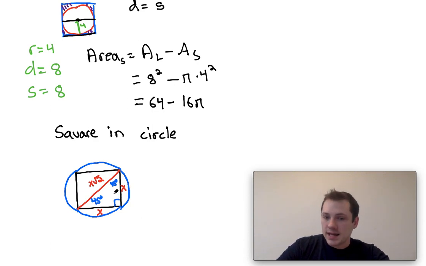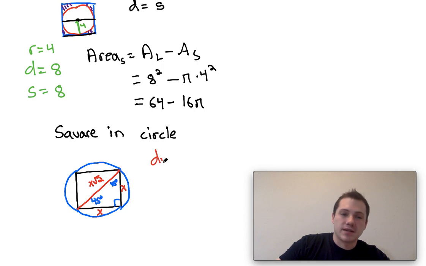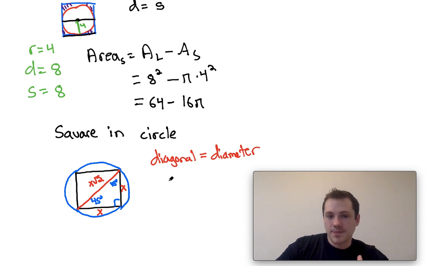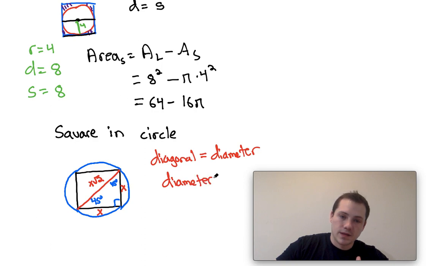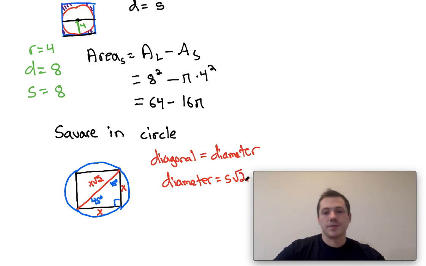So what we can see is there are a few relations we can make. We can say that our diagonal is equal to our diameter, and our diameter is equal to the side of our square times root 2.